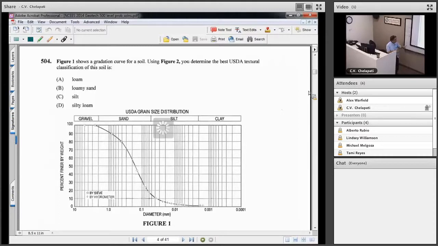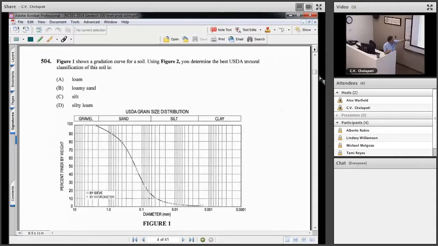So from the gradation curve, you go to this chart. You've got to get the percent.